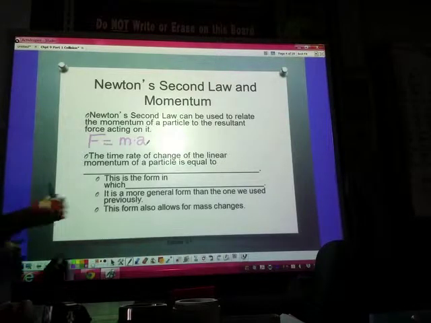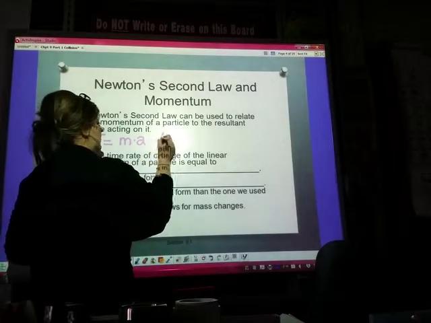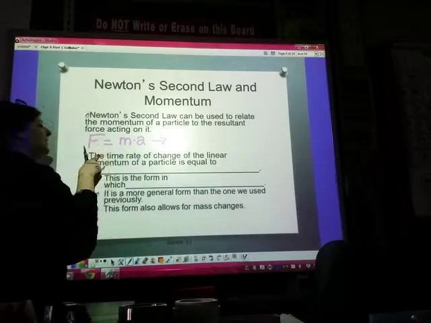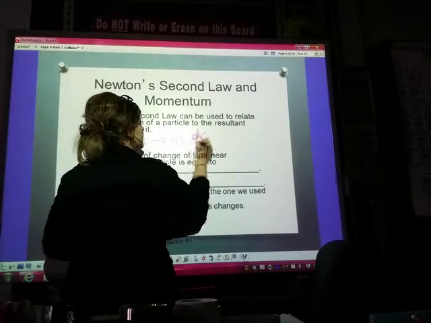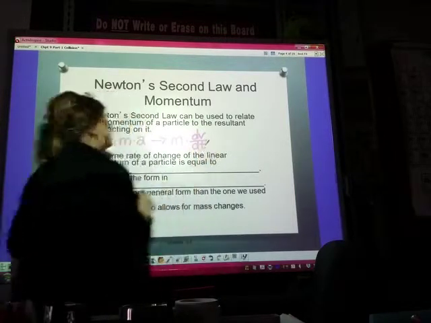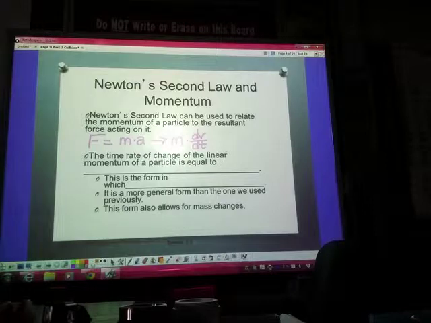So let me say that force is really equal to mass times dv over dt, which is just the derivative of velocity, which is just acceleration. Those things are just going to be equal to each other.